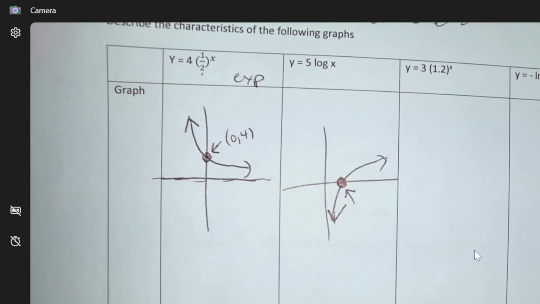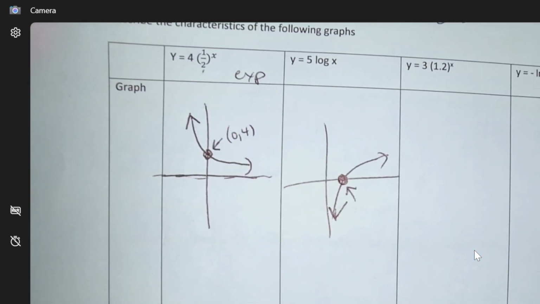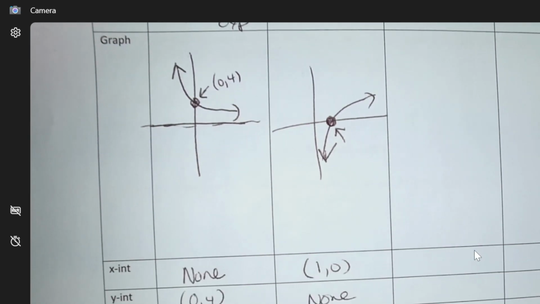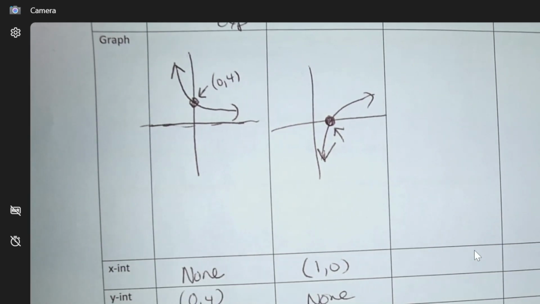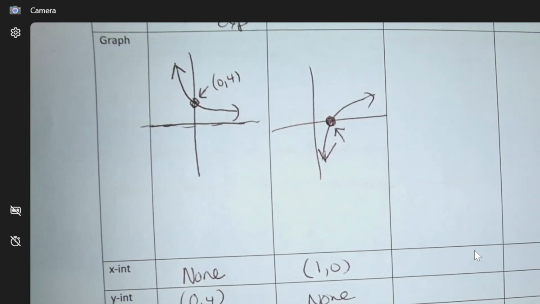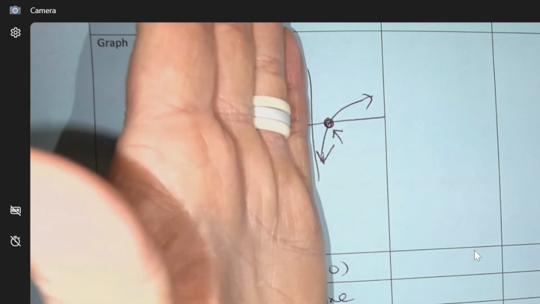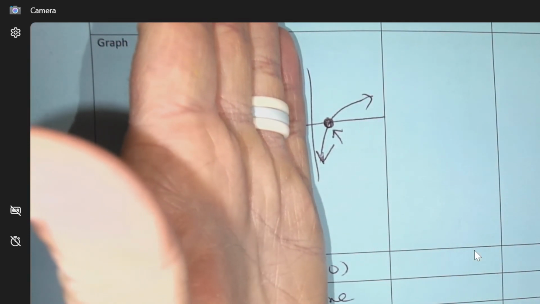Okay, y-intercept. None. Range is the infinites. And domain is the one that stops with a 0.